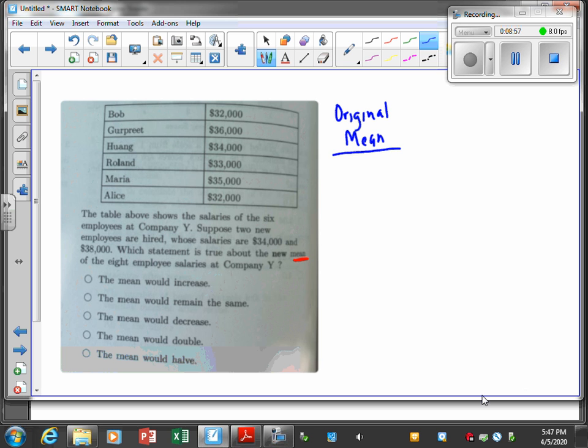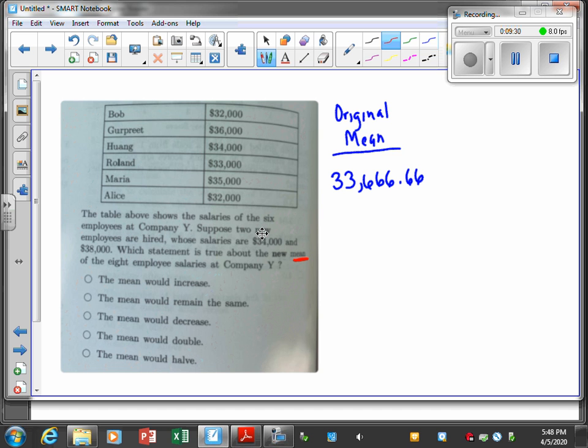So we would do 32,000 plus 36,000 plus 34,000 plus 33,000 plus 35,000 plus 32,000, and that would be 33,666.66, because you take all of that value, hit enter, and divide by 1, 2, 3, 4, 5, 6. So when you add them all up and divide by 6, this should be your original average.